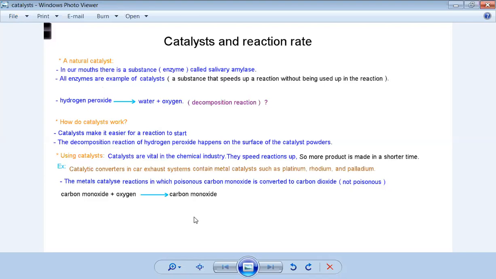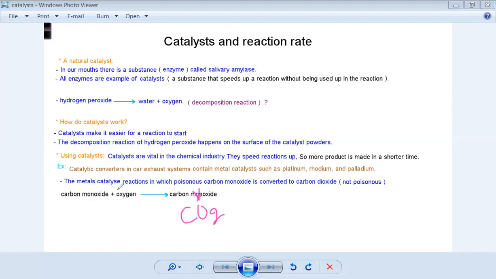I'm so sorry, I was supposed to write here carbon dioxide, which is CO2, okay? Carbon dioxide is less harmful to the environment.